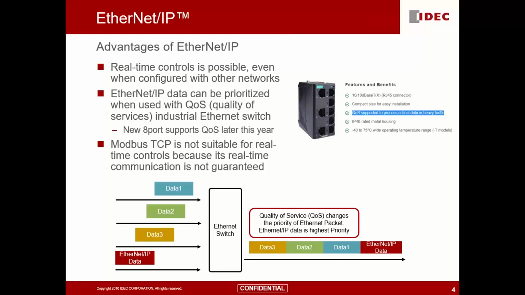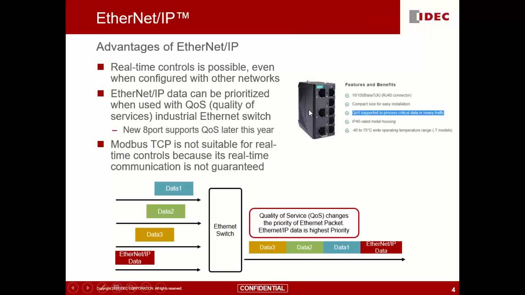Why would you want to use EtherNet/IP versus Modbus TCP, for example? EtherNet/IP allows you to do real-time control, okay? Even if you configure it with other networks. EtherNet/IP data can be prioritized when used with a QoS, or quality of service, industrial Ethernet switch.